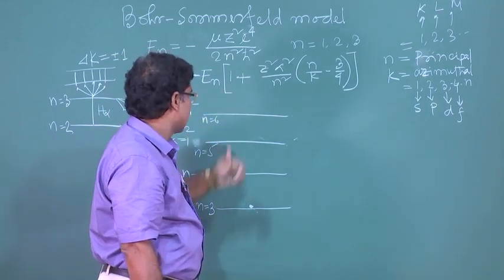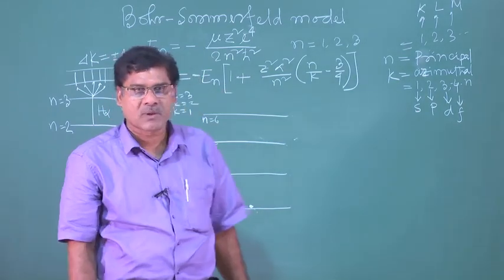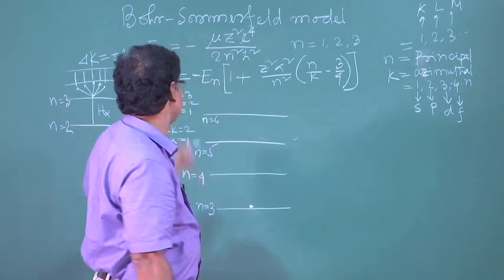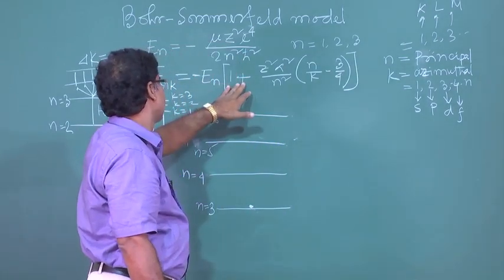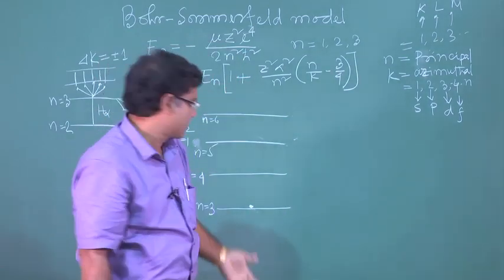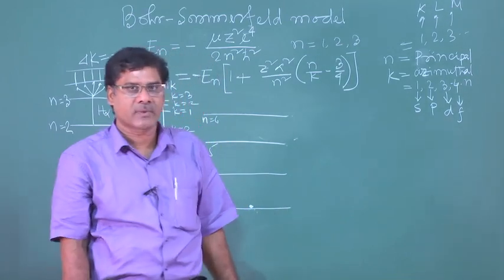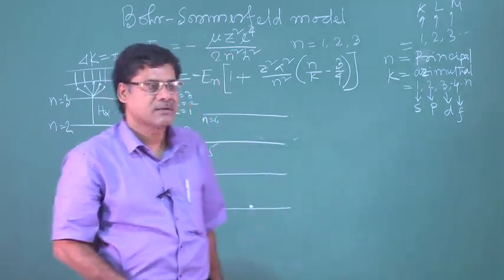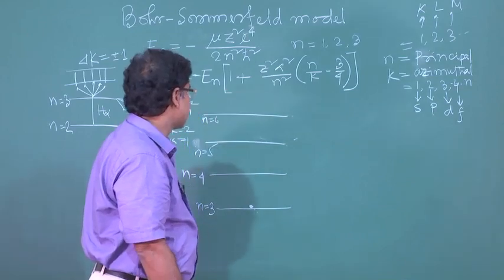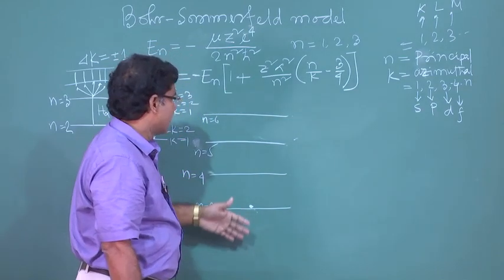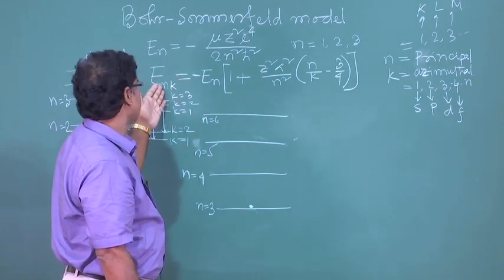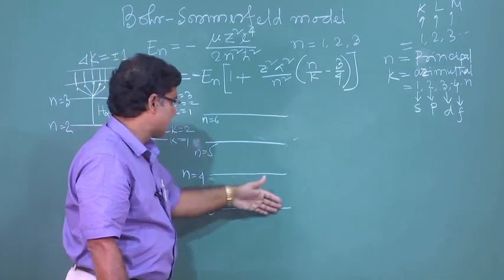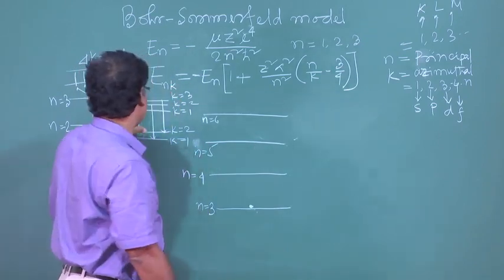Now, the energy expression we got from Bohr-Sommerfeld theory should also be valid for this alkali atom, because it is similar to the hydrogen atom, as I mentioned. So what will happen? Depending on the k value, this energy level will split, as we have shown here.